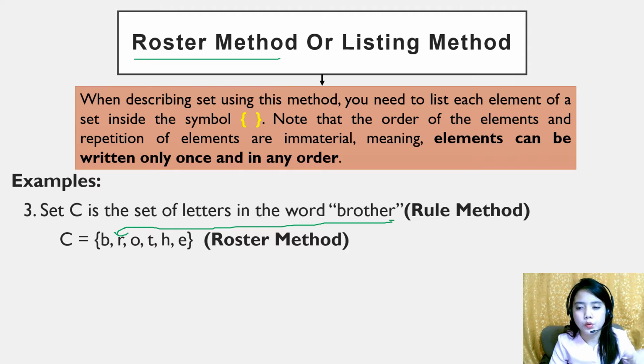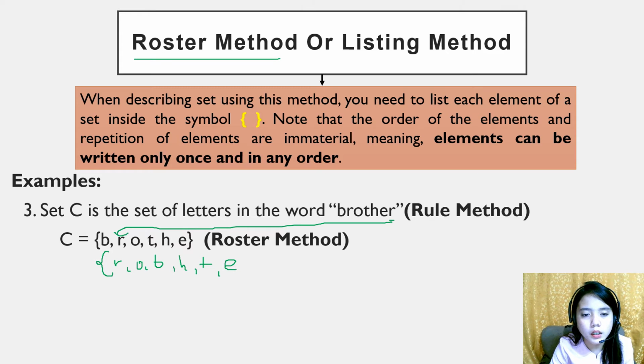Okay, so kung duha ka A, isa lang gyud ang imong ibutang sa roster method. Kung duha ka E, isa lang gyud, bisan pag upat na siya ka E, isa lang gyud ang imong ibutang. Okay, so it doesn't matter ang order niya, bisan pag imong ibutang dira R, O, B, H, T, E. Okay?